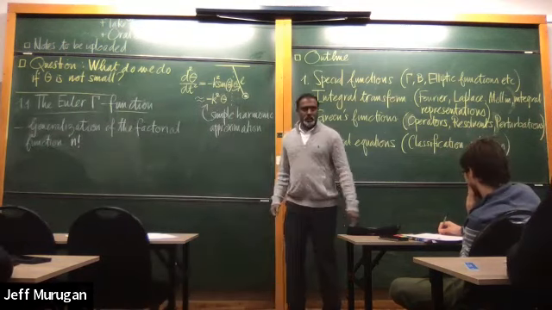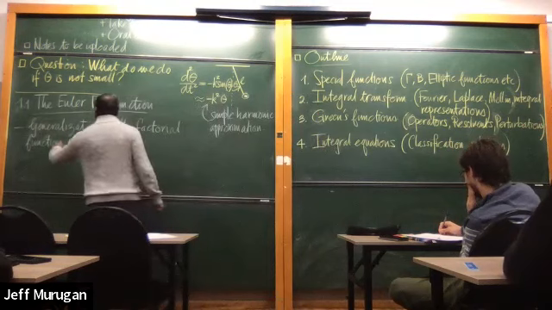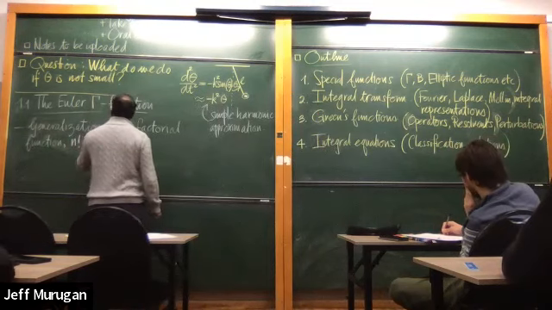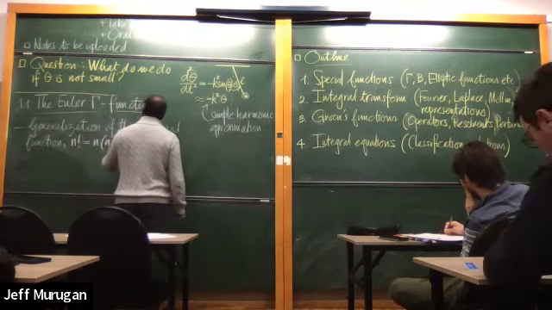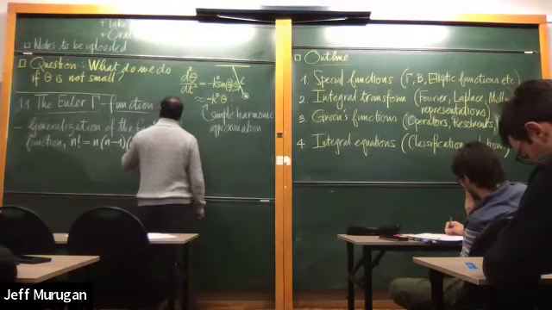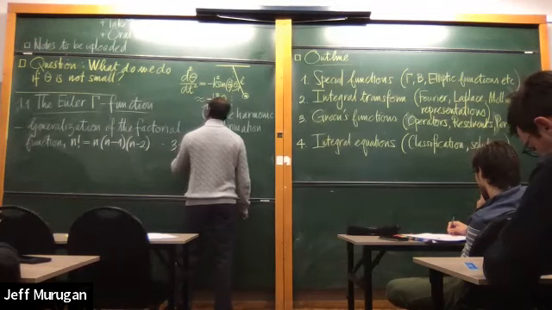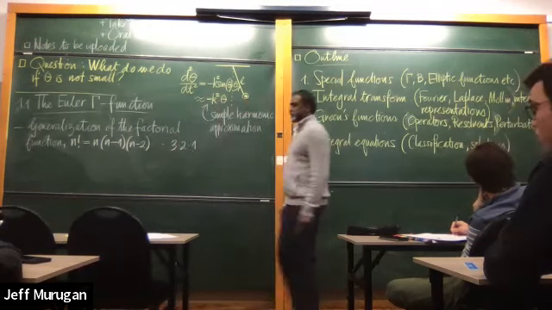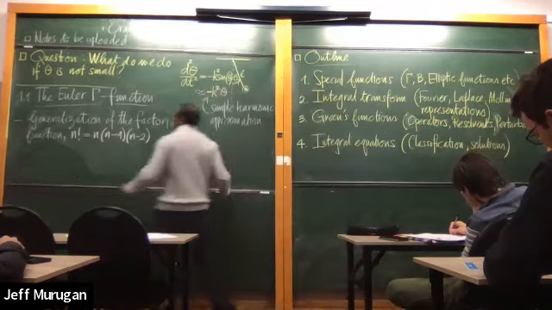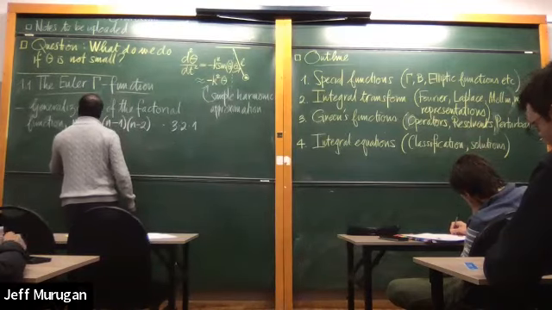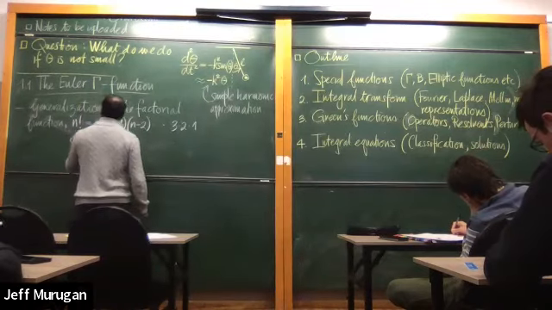The factorial function, n factorial, is n times n minus 1 times n minus 2, all the way through to 2 times 1, with the understanding that 0 factorial is defined to be 1.